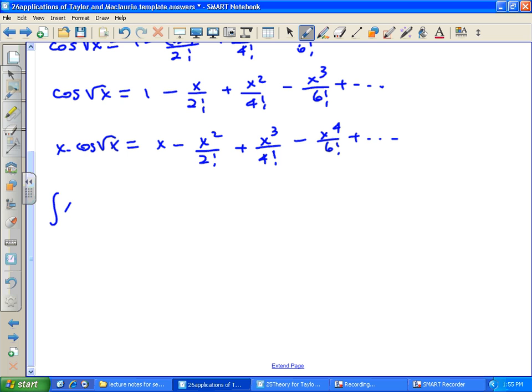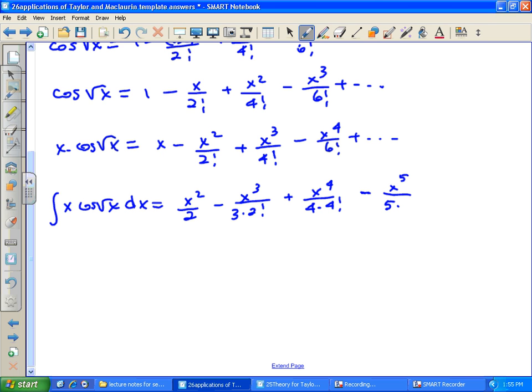Integrate. The integral of x times cosine root x dx equals, integrate term by term, right? Which will have x squared over 2 minus x cubed over 3 times 2 factorial plus x to the 4 over 4 times 4 factorial, etc. x to the 5 over 5 times 6 factorial.